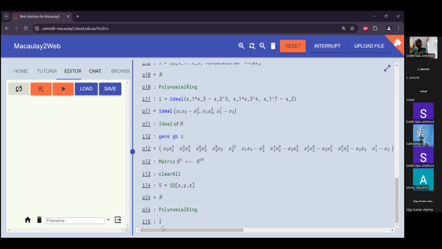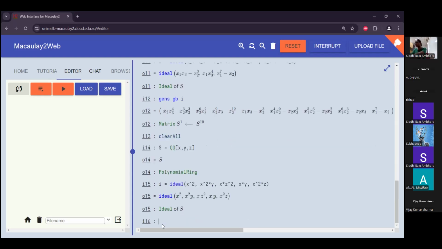And now I is ideal x square, x square y, x z square, x y, and x square z. I hope this is the correct ideal.